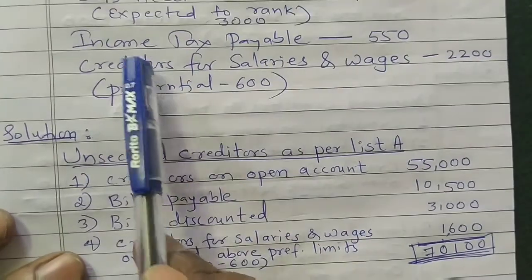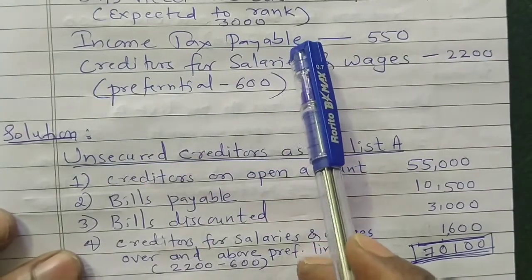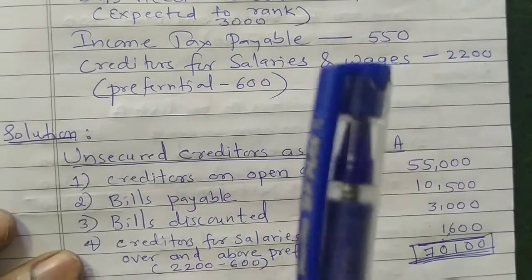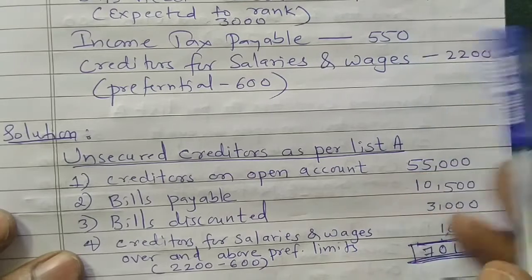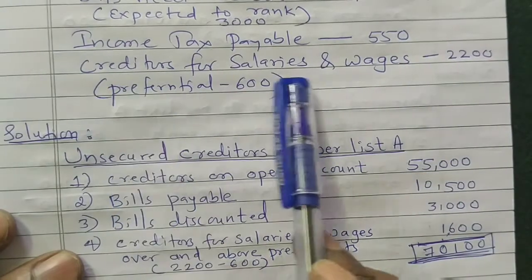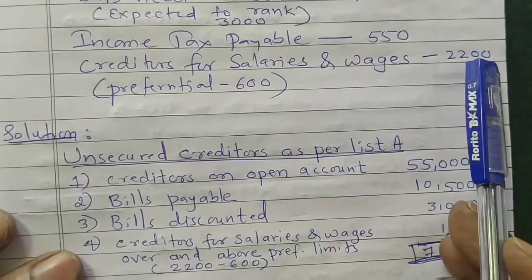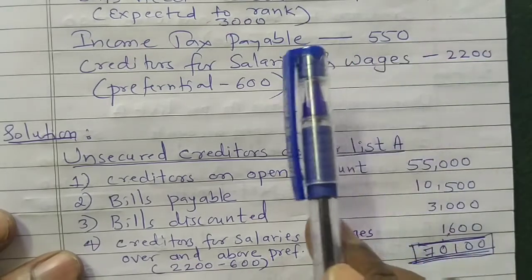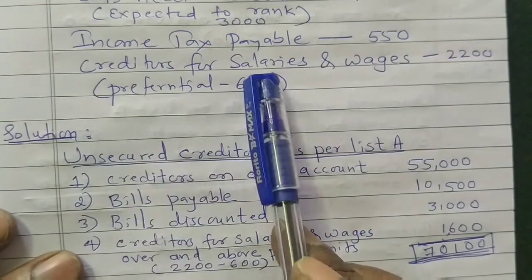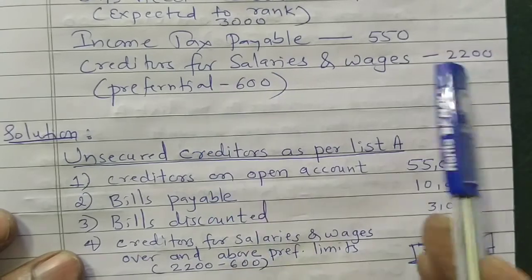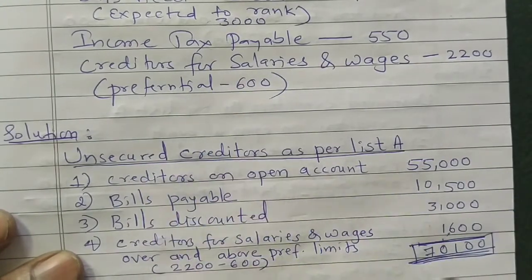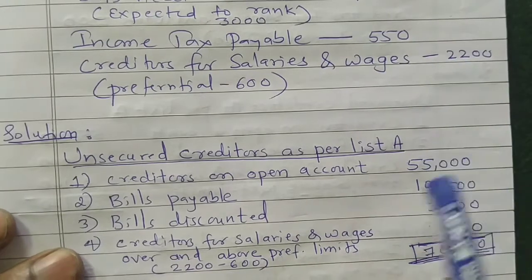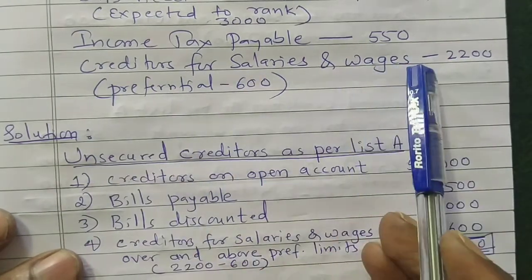And last, income tax payable. Income tax payable is a preferential creditor, which comes under list D, so we will take this item in list D. Creditors for salaries and wages 2,200. This is an item of list A, but in a bracket preferential creditors are given. So 2,200 minus 600 comes to 1,600, the unsecured creditors for salaries and wages.